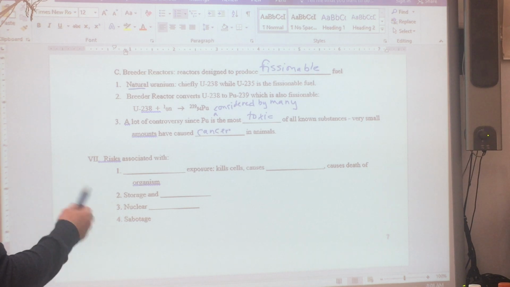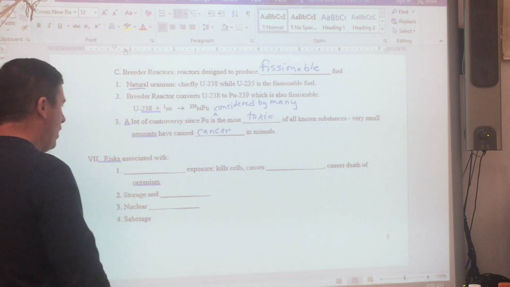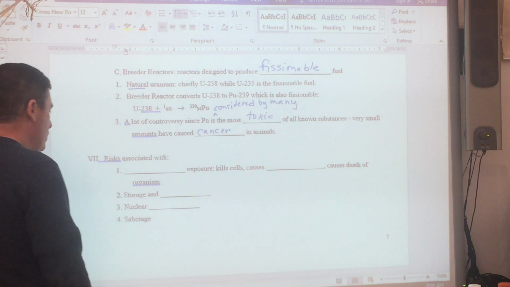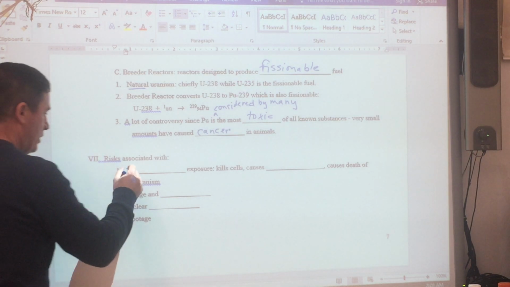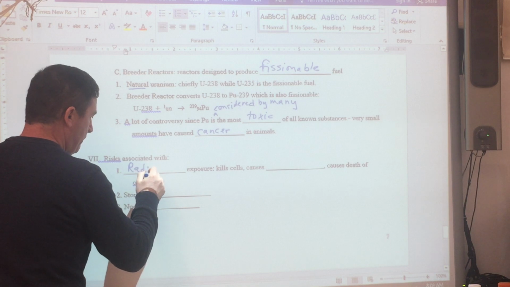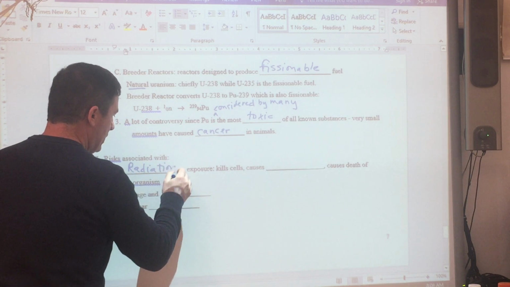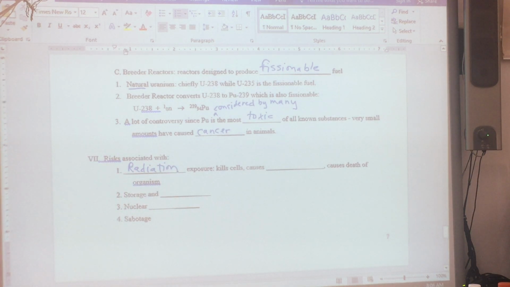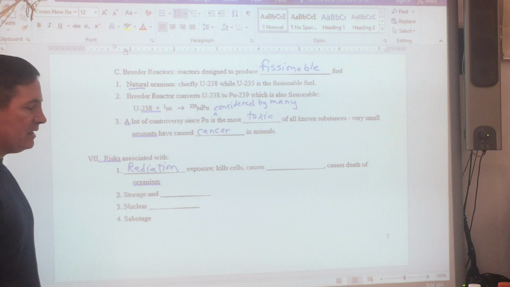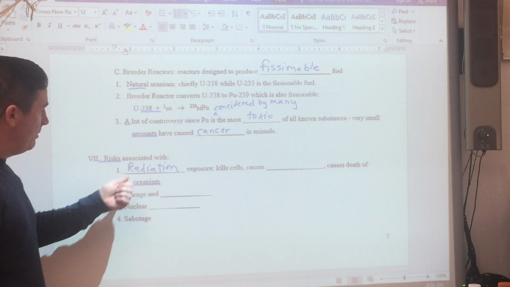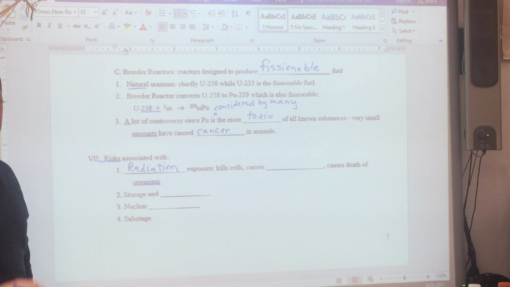All right. Lastly, what kind of risks are associated with nuclear energy? Well, of course, we could be exposed to radiation. Now, again, we are exposed to radiation in the electromagnetic spectrum. Heat is radiation, but we're talking about ionizing radiation.